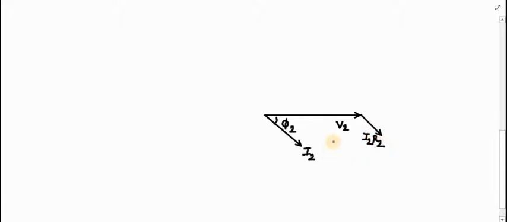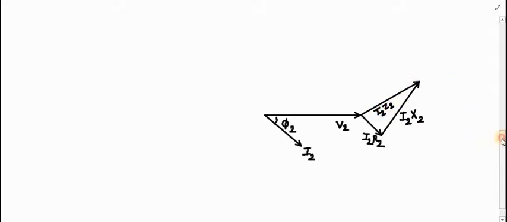Now I will draw the I2 X2 drop, which leads I2 by 90 degrees. So I draw this I2 X2 leading the current I2 by 90 degrees. The phasor addition of I2 R2 and I2 X2 is nothing but I2 Z2.